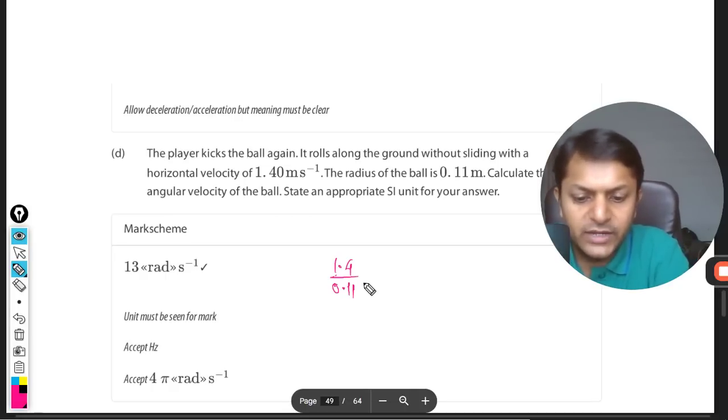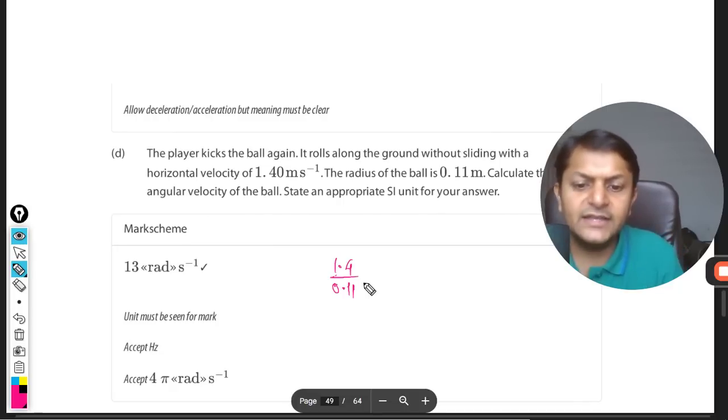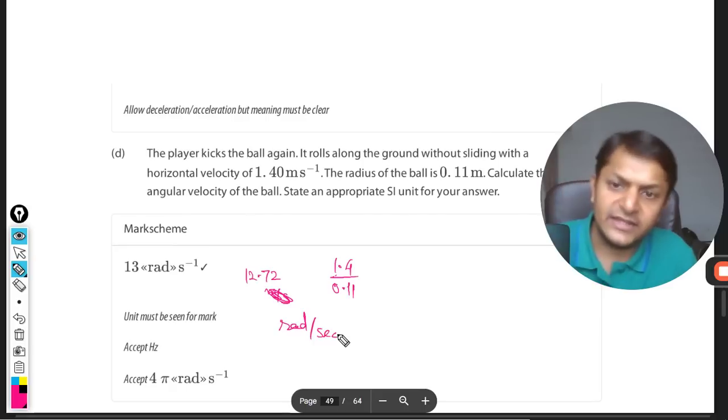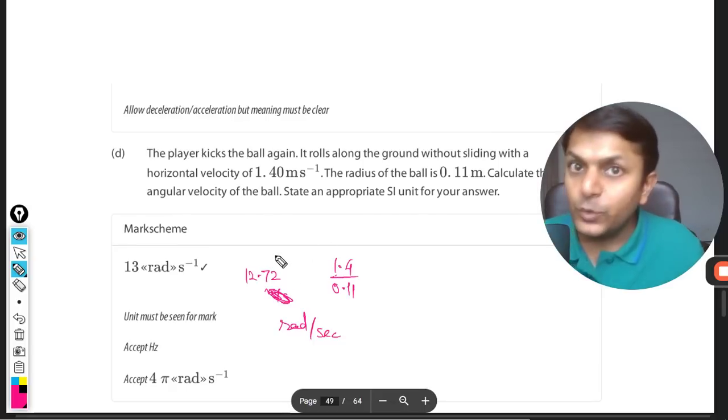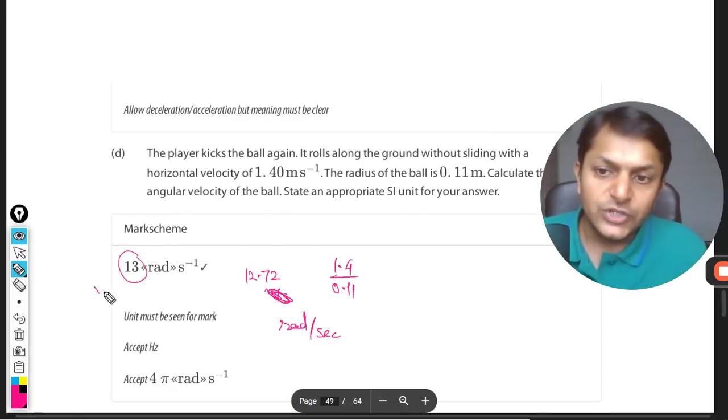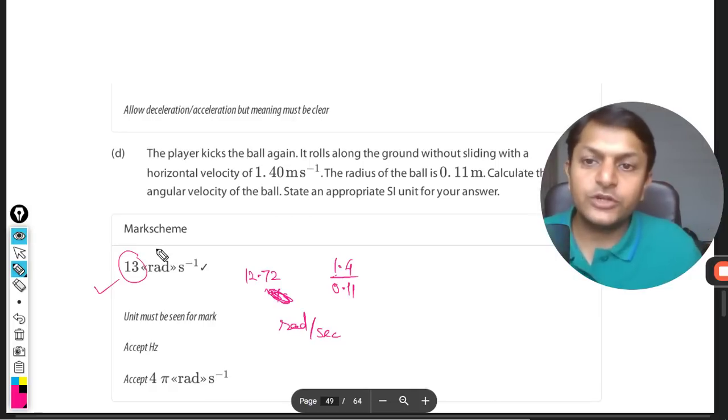I'm using my calculator to find the value. 1.4 divided by 0.11, and the answer is 12.72. 12.72 radian per second is the value that we are getting, and 12.72 when converted into two significant figures will be taken as 13. So this is how we do this question perfectly.